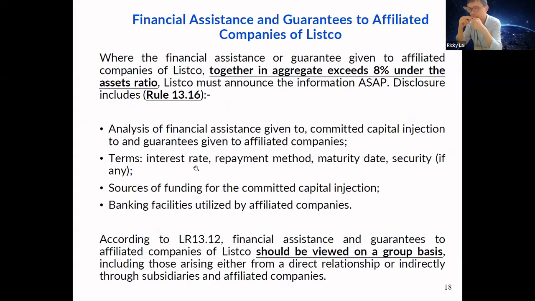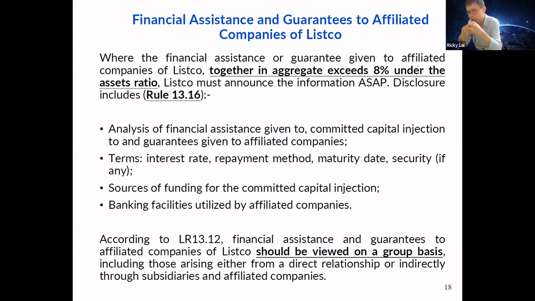Apart from advances to an entity, where the financial assistance or guarantee given to affiliated companies in aggregate is more than 8% under the assets ratio, then the company must publish the information as soon as practicable. The information to be disclosed includes analysis of the financial assistance given to, committed capital injection to, and guarantee given to the affiliated company.